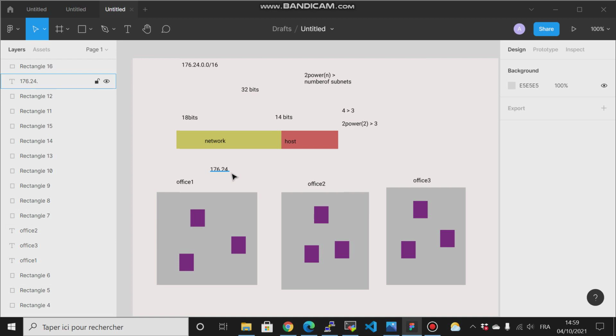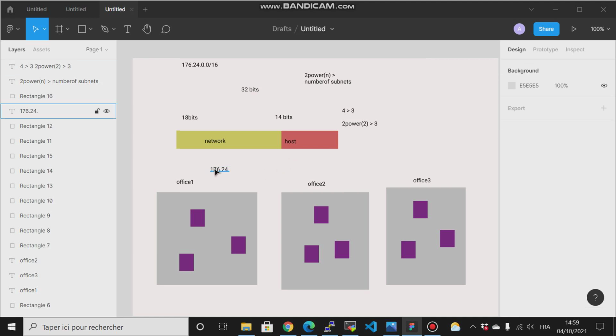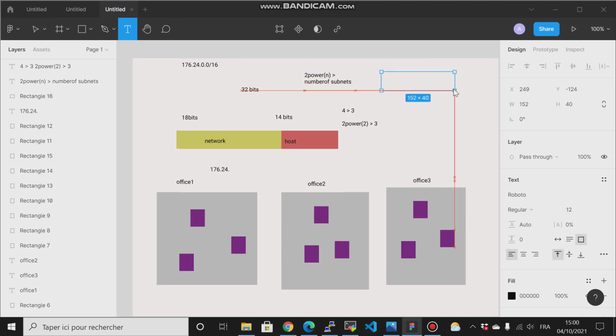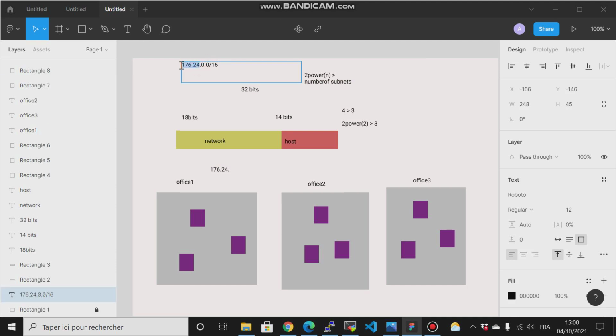right? Then I have to write this in binary because this is in decimal. So I have to put it here, and I have not to touch this one, but instead I have to touch only this one, right?